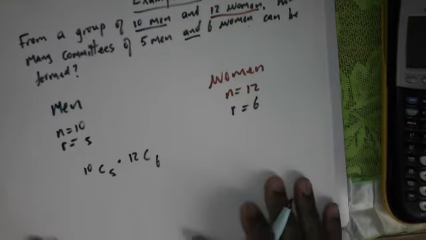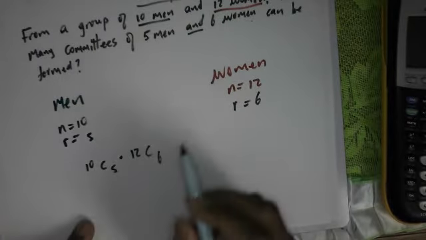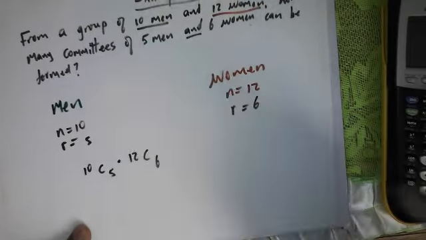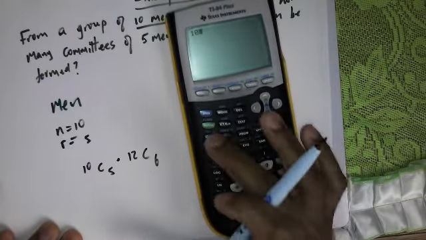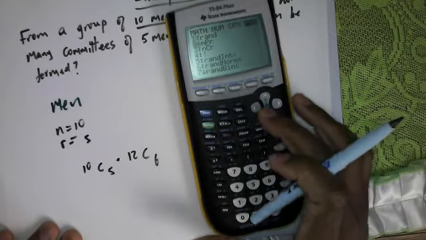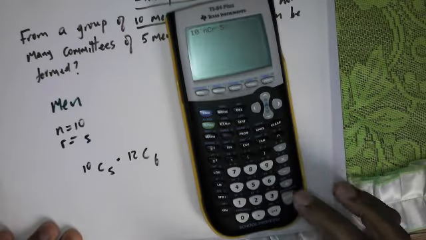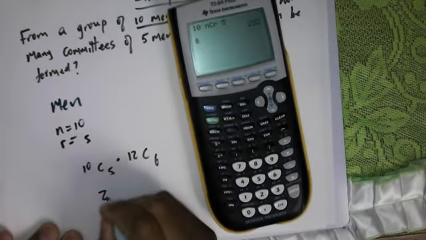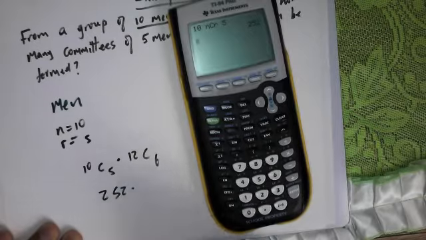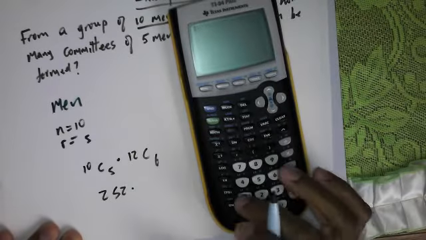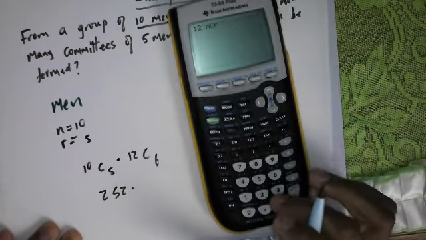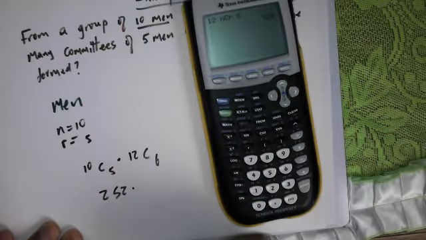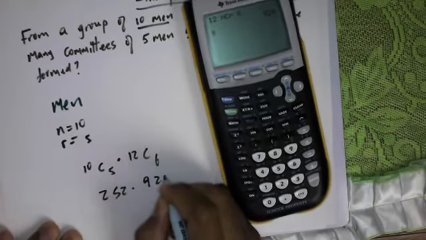So let's go again. It is times by virtue of this word AND. Let's see what this is. 10C5 is 252, times 12C6, which is 924.